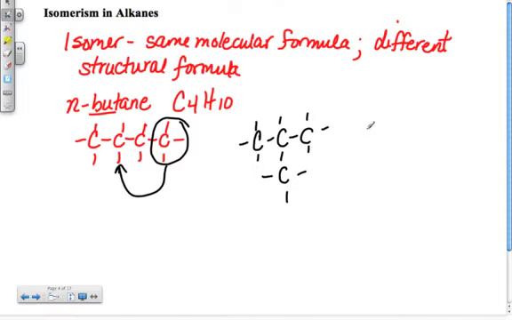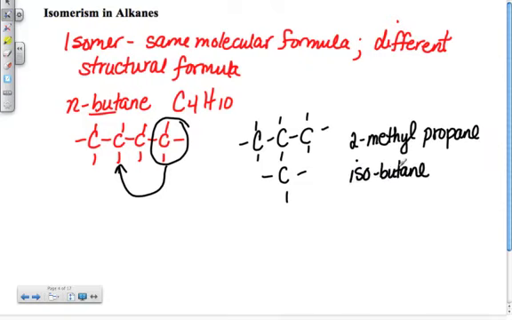This can be called 2-methylpropane, or it can be called isobutane. Now remember, when we're naming, you want to number the groups so that the branch or the functional group has the lowest number.